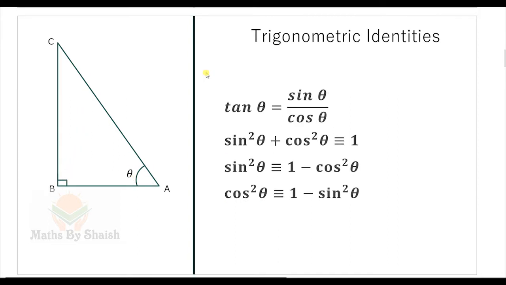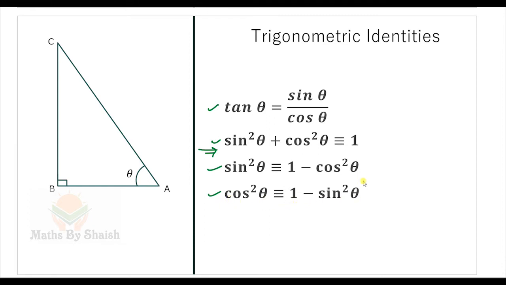Next is trigonometric identities. In AS and A level, we have only these two identities, and the second identity gives another two identities, sub-identities we can say, because sin squared theta plus cos squared theta is equivalent to 1 will give sin squared theta as 1 minus cos squared theta and cos squared theta as 1 minus sin squared theta.